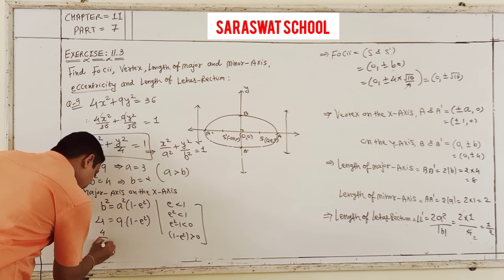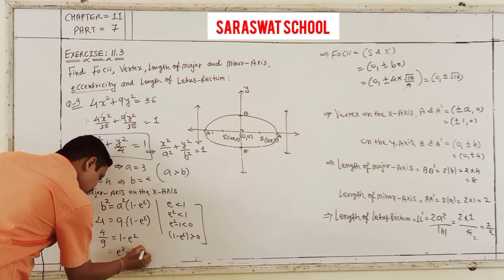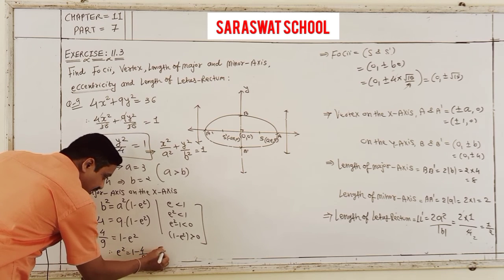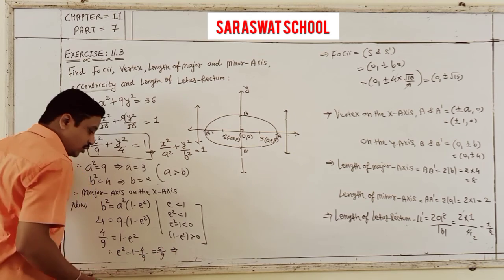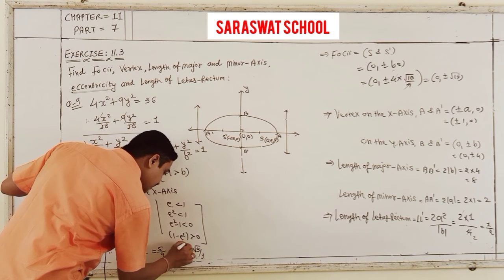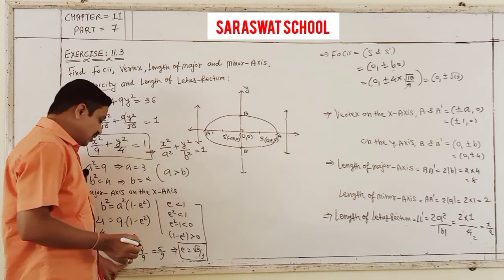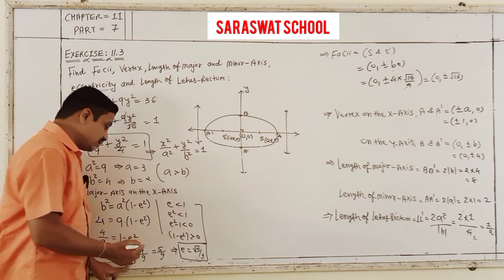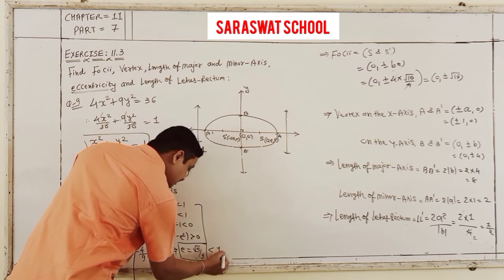So 4 by 9 means e square is equal to 1 minus 4 by 9, which becomes 5 by 9. So your e value is completely clear: root 5 by 3. I just take the square roots, 9 minus 4 is 5, square root 5 over 3, and that is less than 1.